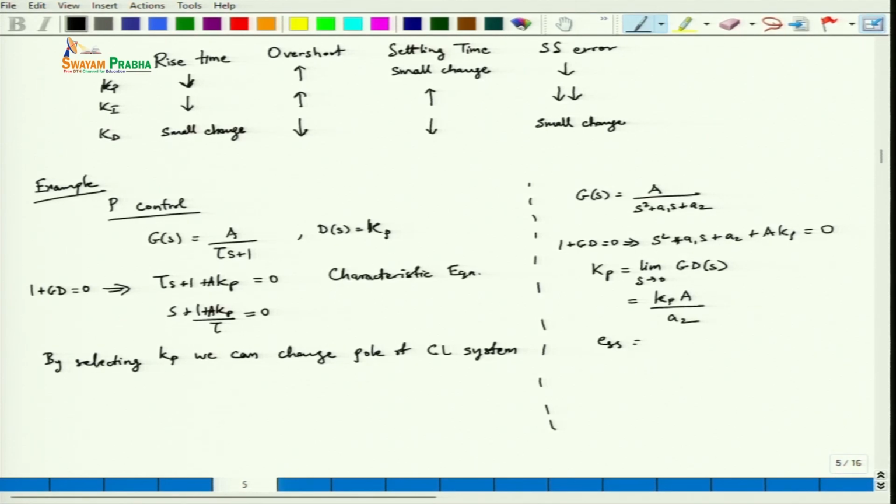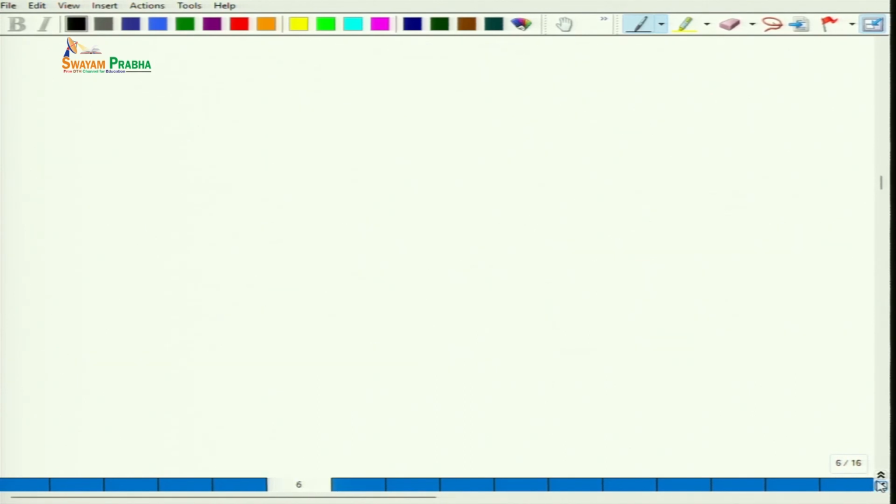So the steady state error will be 1 divided by 1 plus capital Kp, and in that case what we get is A2 divided by A2 plus the proportional gain small Kp times A. So if we make Kp large enough, we can reduce the steady state error, but we can only control one coefficient here.